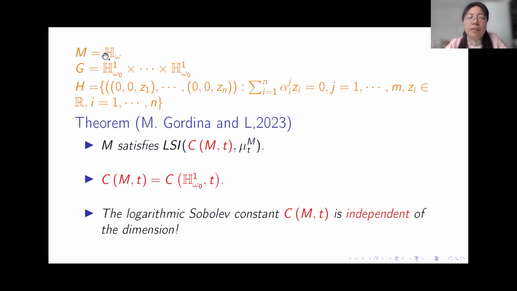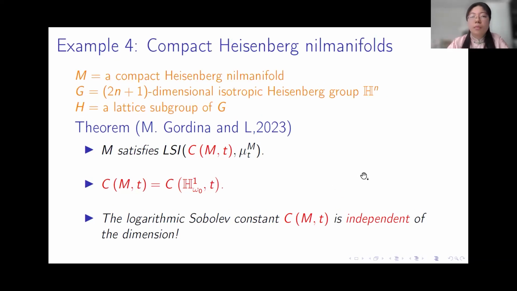We showed that this is a homogeneous space under the action of the product group, and we get the constant. And moreover, we get the compact Heisenberg nilmanifold. We showed that this is also a homogeneous space under the action of the isotropic high-dimensional Heisenberg group, and we get the same constant as the three-dimensional isotropic Heisenberg group.